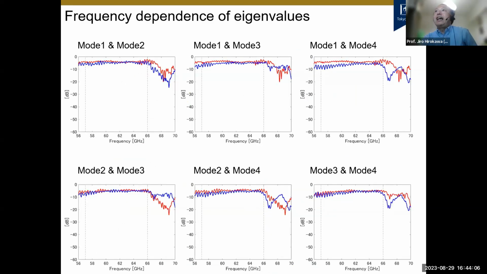And this is the frequency dependence of the eigenvalue for 2 modes. For each combination of the 2 modes, we have a larger eigenvalue and a constant value, reflecting the wideband characteristics.